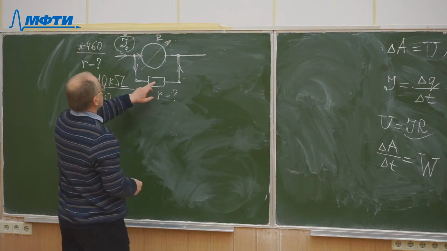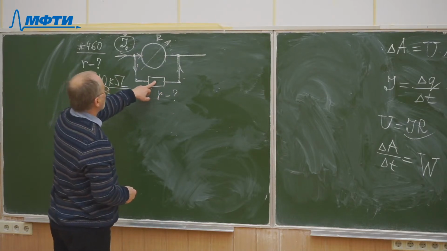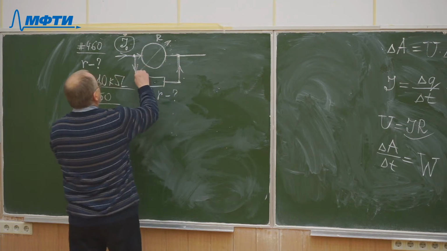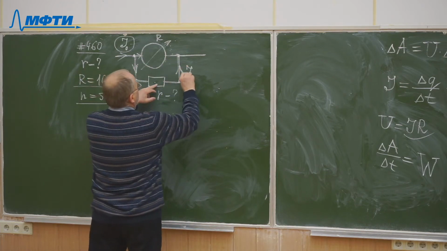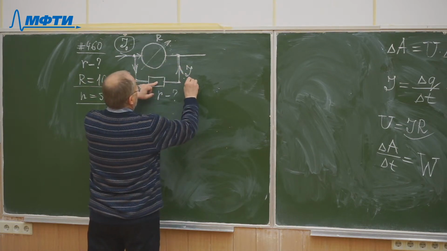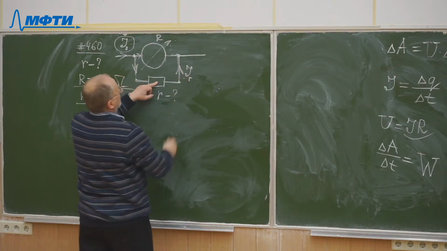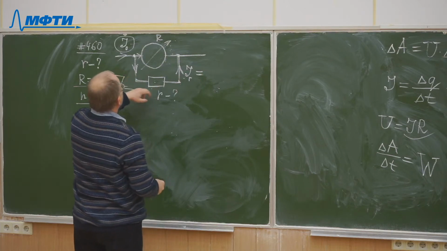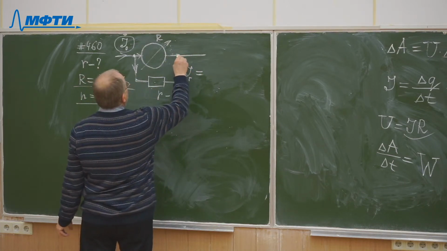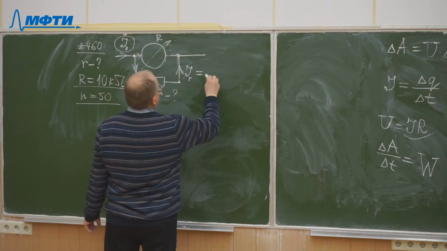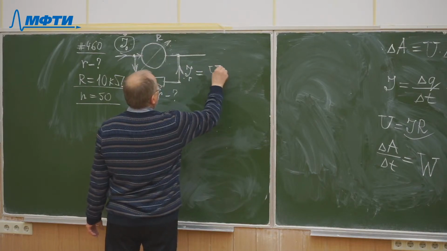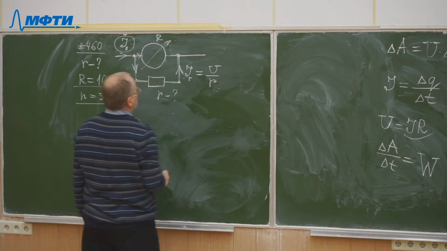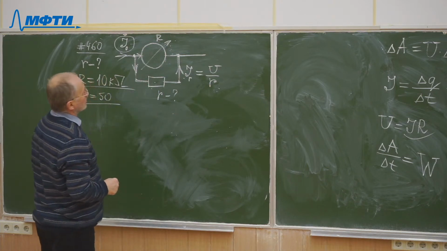This is easily calculated using Ohm's law. The current here, I sub R, for example, will be equal to the potential difference divided by the resistance of this external shunt.